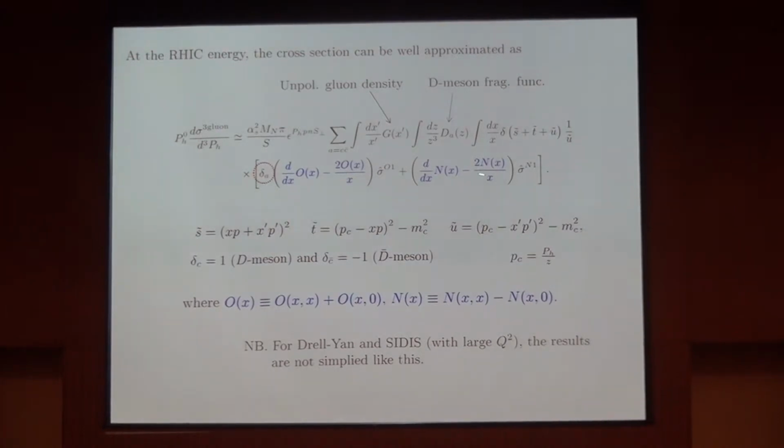Therefore, if the two functions have similar magnitude and the same sign, then it gives a big asymmetry for D meson, but zero asymmetry for D bar meson. If O and N have opposite sign, then the result reverses.